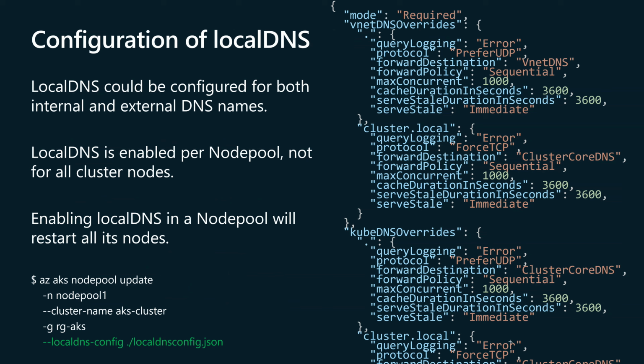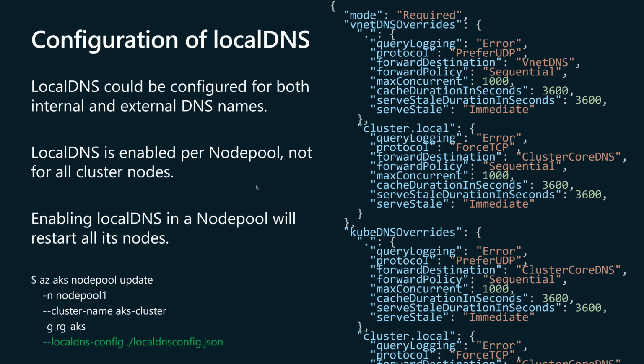So the same way we can configure CoreDNS using a config map, local DNS could be configured through a JSON file that looks like this one I have available right here. And in this file, we can configure the internal names as well as the external domain names. And it's worth noting that local DNS could be enabled not at the cluster level, but at the node pool level.